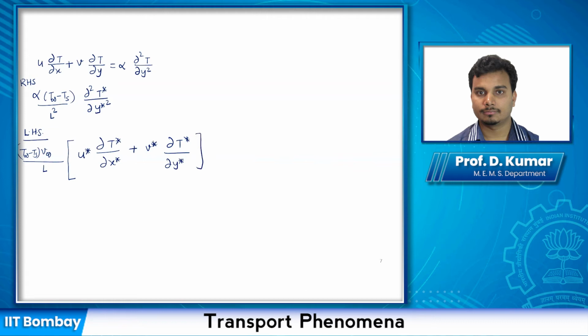Okay. So now this would be equal to alpha times T infinity minus Ts by L squared times ∂²T star. So we used all these things here to non-dimensionalize your energy equation.